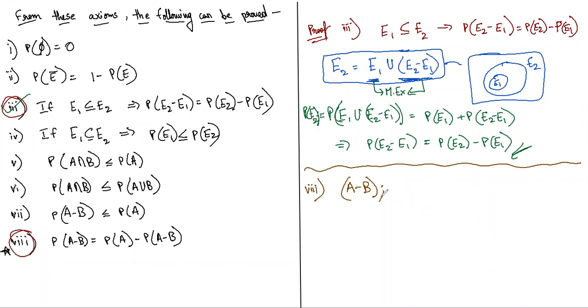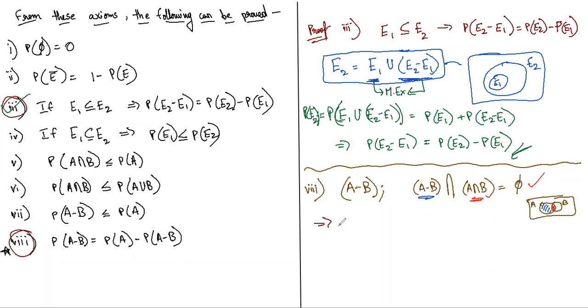You observe these two sets, A minus B and A intersection B. Can I say these two are mutually exclusive? A minus B क्या होगा, ये पार्ट होगा. A intersection B क्या होगा, ये बीच वाला पार्ट होगा. तो दोनों का इंटरसेक्शन तो कुछ नहीं है, so this should be true. Is that okay?